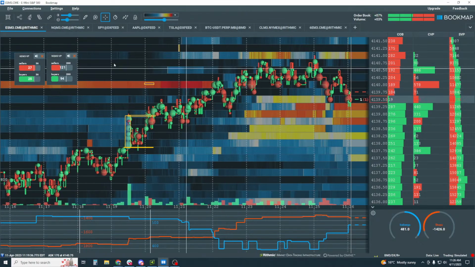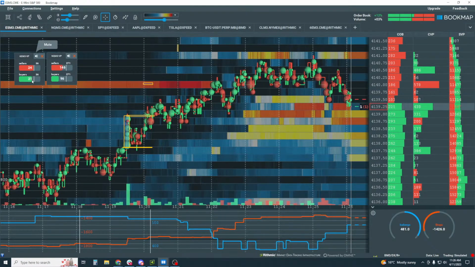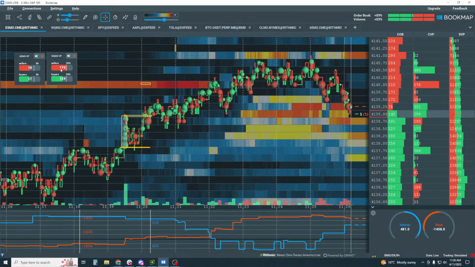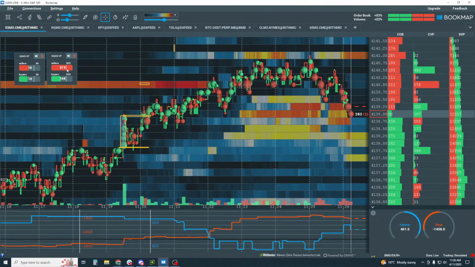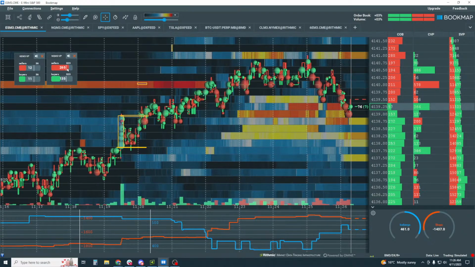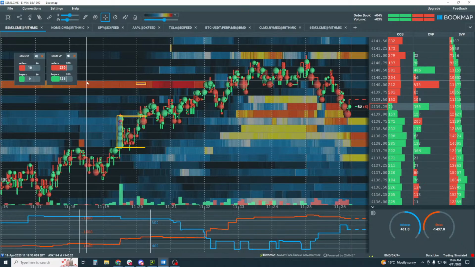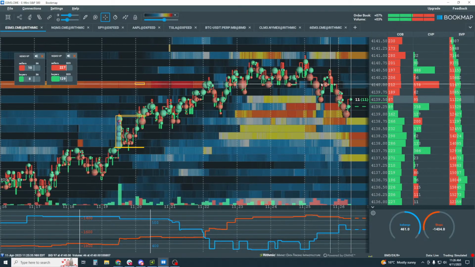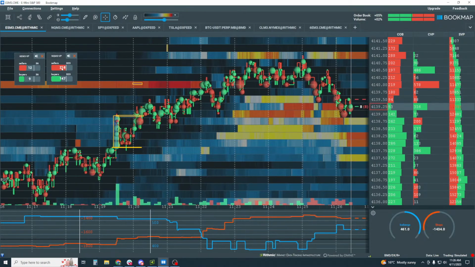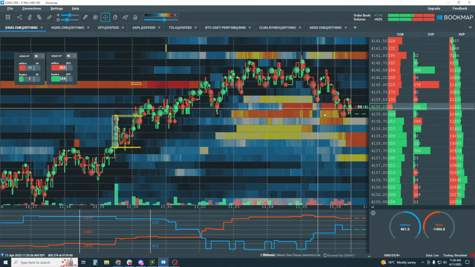Can you guys hear that? So the 6E now is starting to kind of ping, and the Nasdaq too. Nasdaq is selling off here. All right, so Nasdaq typically leads the S&P. It just gives us a little more insight to what's happening in here.